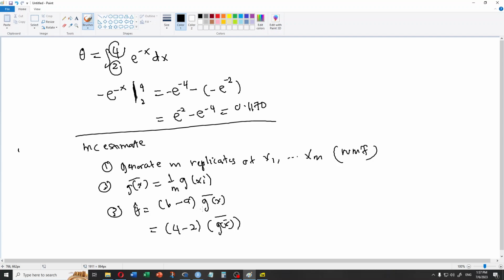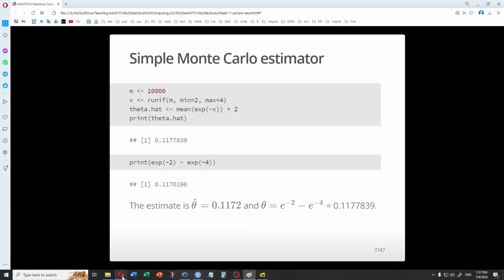So this is what we're going to do in R. So let's go back to this one. First we generate the random numbers. Our x equals runif of 10,000, minimum 2, maximum 4, and the theta hat here is the mean of exponents of negative x multiplied by 2, because this is 4 minus 2, so b minus a.